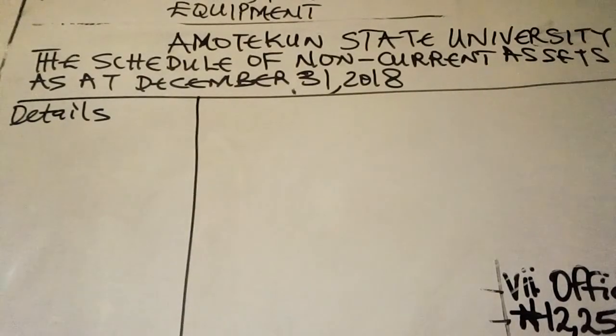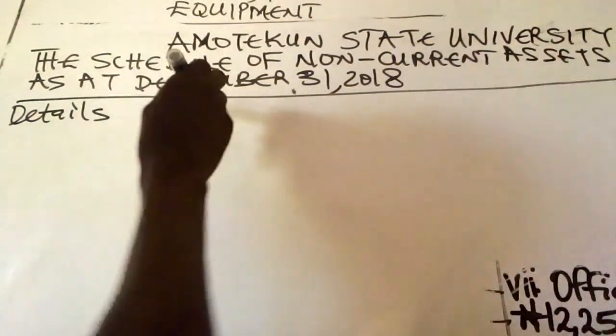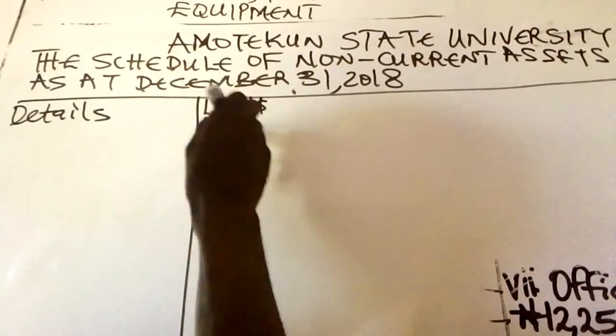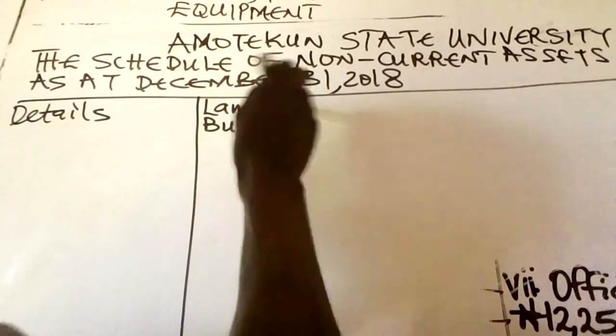Then the first one is land and building. That is the first asset.